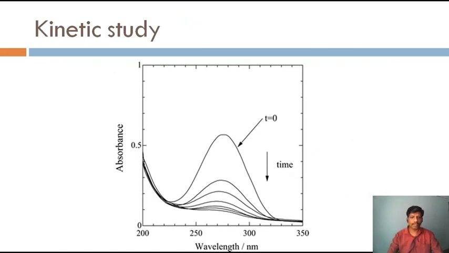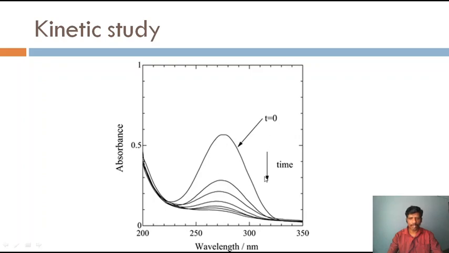This is evidence for kinetic study, and this is how different samples are collected for the same reaction at different times. At time 0, it has full absorbance. Then a decrease in concentration is observed, and by seeing this they have studied the reactant for kinetics. So with respect to time, the concentration decreases from time 0. It may be at 15 minutes or 15 seconds or 1 minute, whatever it is.